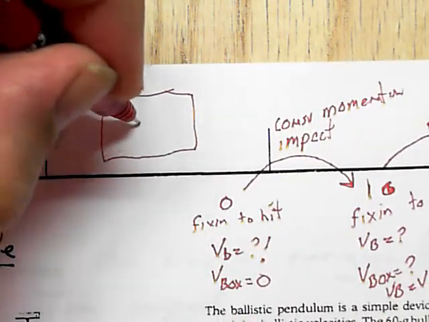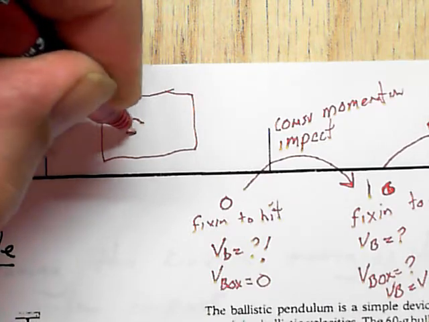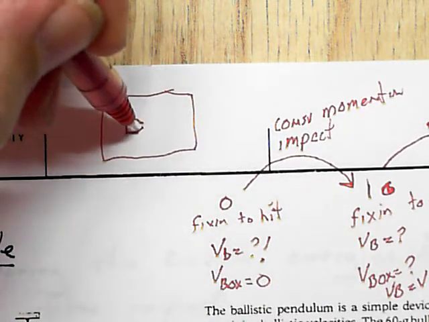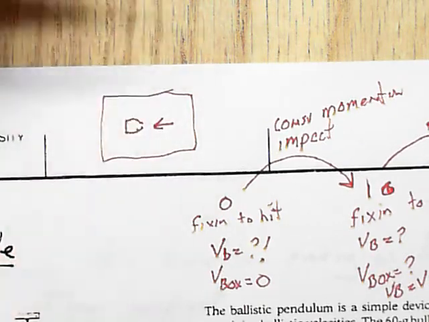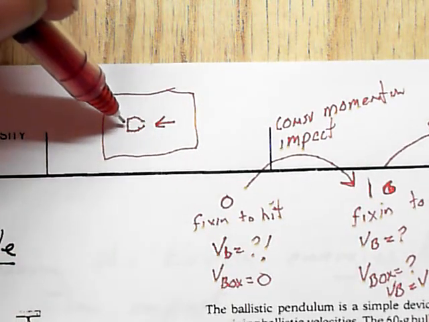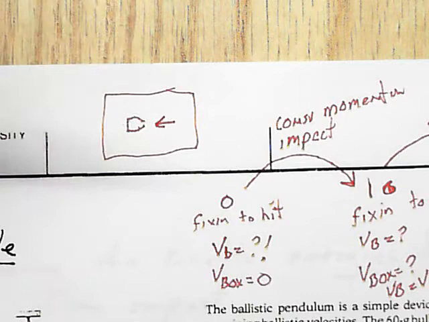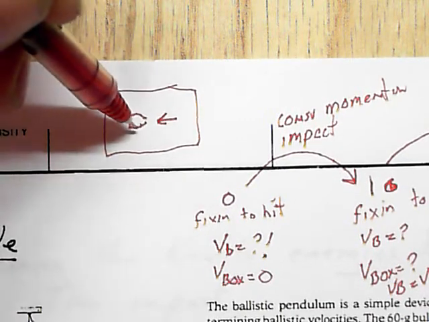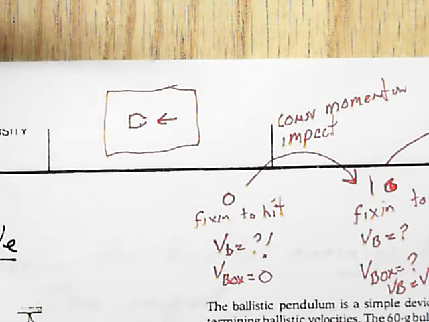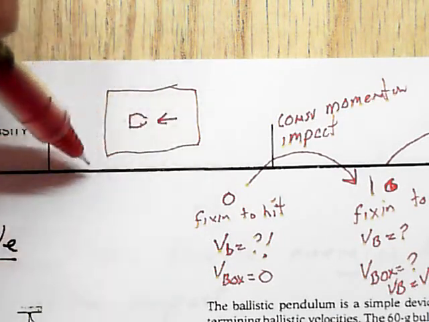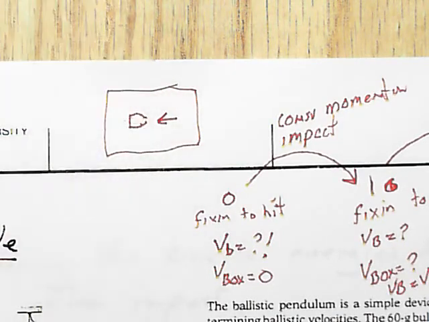and the bullet is traveling inside of it, the sand will impose a friction force on the bullet to slow the bullet down inside the box, and that friction force will exist until the bullet and the box reach the same speed. If the box remained at 0 speed, then the bullet would come to 0 speed.